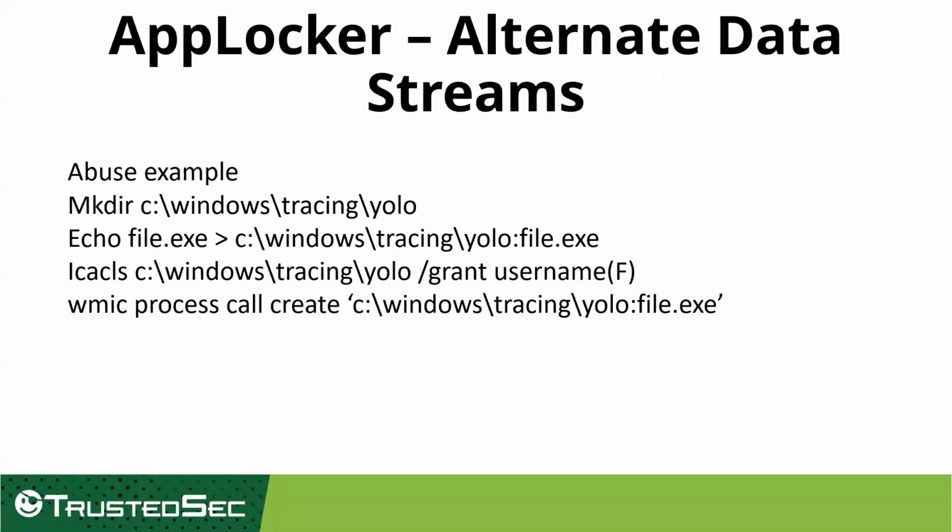So here's an abuse example that should still work. In this example, I'm creating a folder under the tracing folder called YOLO. And then I do echo on the file I want to have into the stream. So I pipe it into C:\Windows\Tracing\YOLO:file.exe.